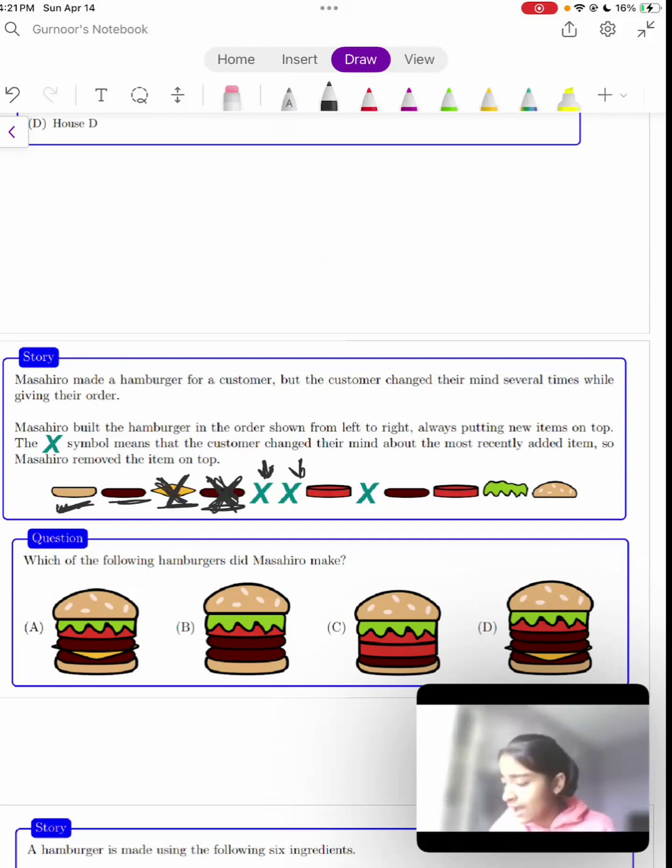Now we have another thing. I am not sure what that is, but probably tomatoes. So now we have tomato. But then we again have a cross. That means this thing that was put on is going to be removed. So now we're just left with a bun and a patty after all of this until here.